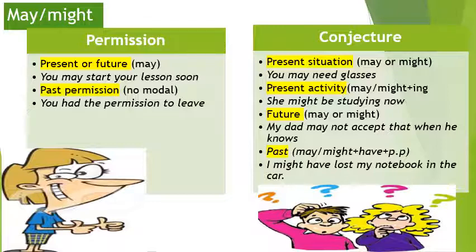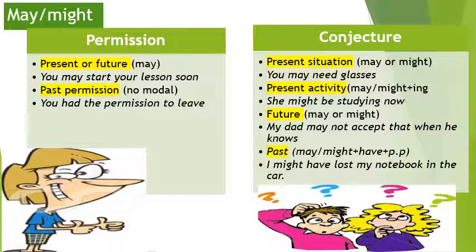You may start your lesson soon, just like with can when we mentioned earlier. Or past permission, you are not using any modal verb. You had the permission to leave. We don't use might. You might leave. As soon as you use might, this will change you into a conjecture. Okay, students? So just stick to no usage of any modal verb with the past permission.